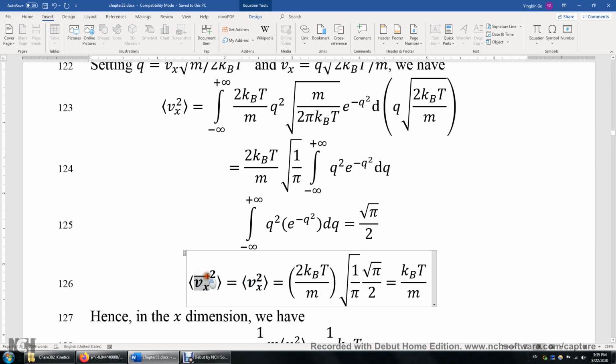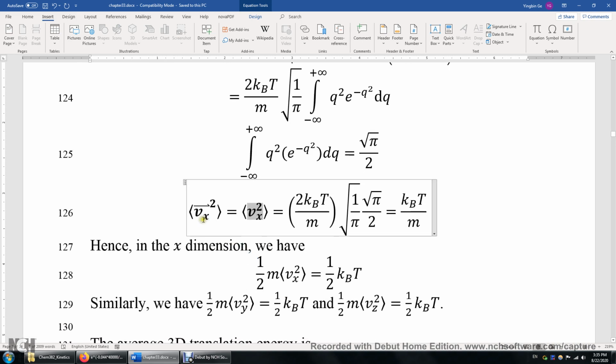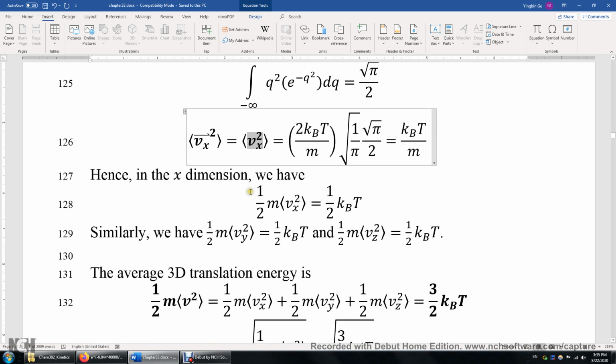And again, the velocity squared is equal to the speed squared in one dimension. So we have, again, the average value of the velocity squared is equal to the average value of the speed squared in just one dimension. It's just kBT over m. And not just in the x direction. We can have the same equation for y direction and z direction.